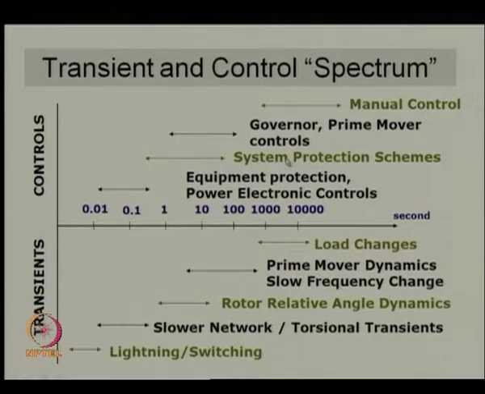Prime mover controllers and governors, the actuators associated with these things, require around 1 to 100 seconds. And of course, manual control is much slower, of the order of minutes.